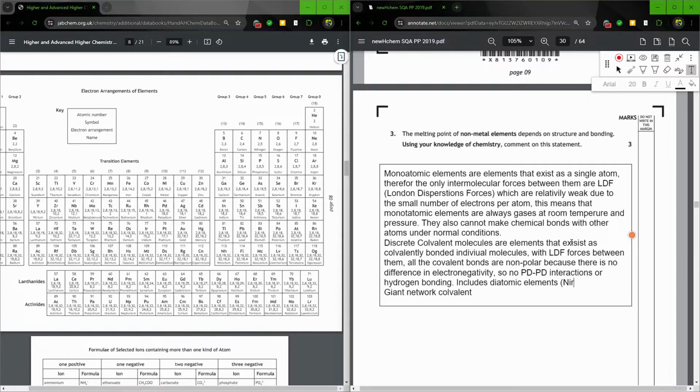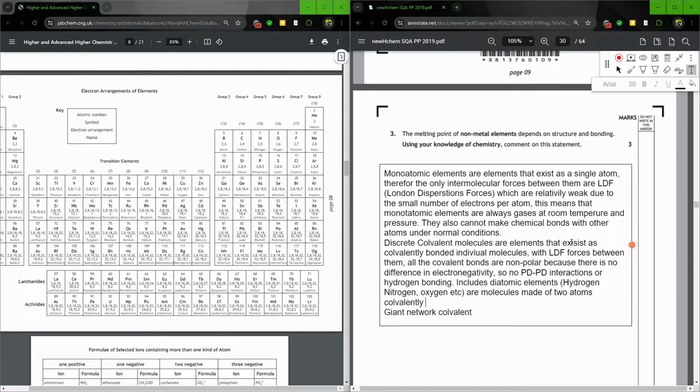I always remember them as H-NOF down, which is hydrogen, nitrogen, oxygen, etc. These are molecules made of two atoms covalently bonded together.